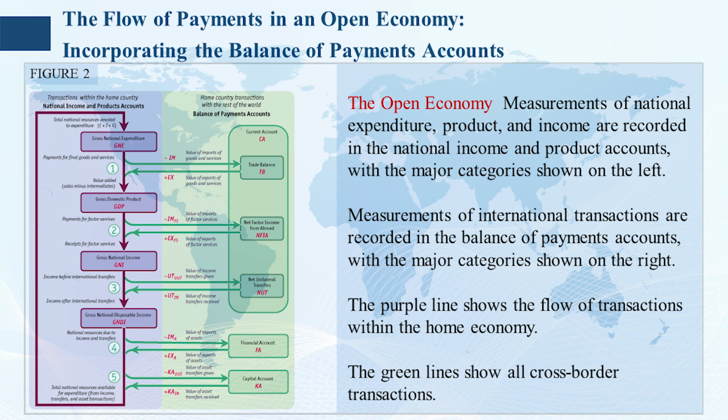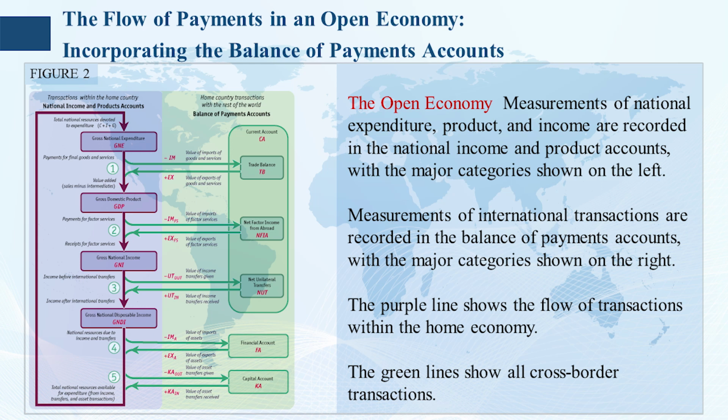These net asset transfers are also added to home GNDI when calculating the total resources available for expenditure in the home country. At last, we have arrived at the bottom of Figure 2, and we have finally computed the total value of all the resources available to use for home spending, which is gross national expenditure, GNE.